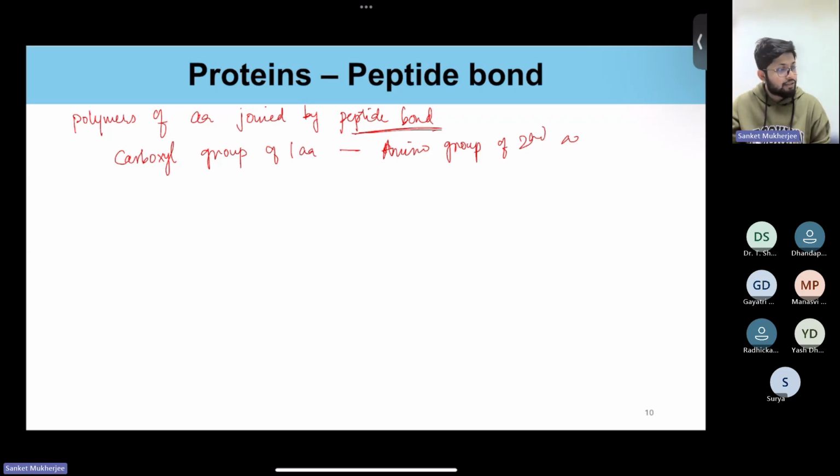So if you look at the structure again, it will look something like this: C double bond O, OH, and there is some R group here. Let's make another amino acid.